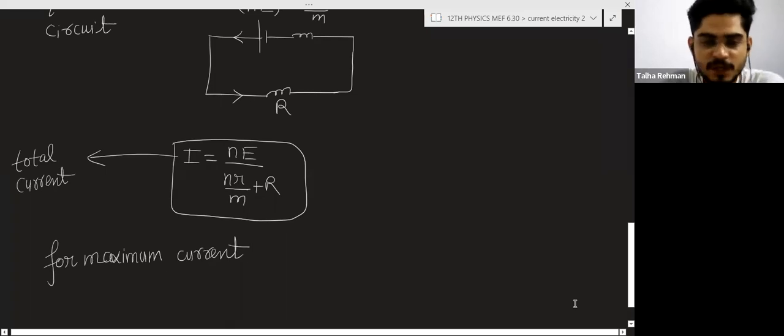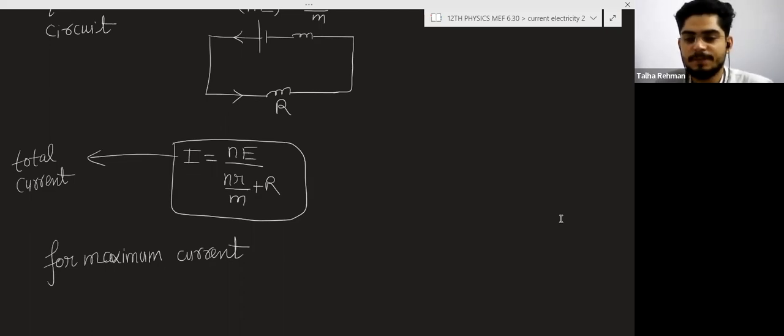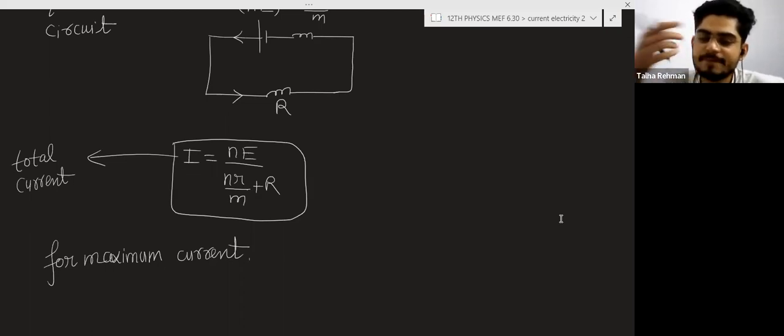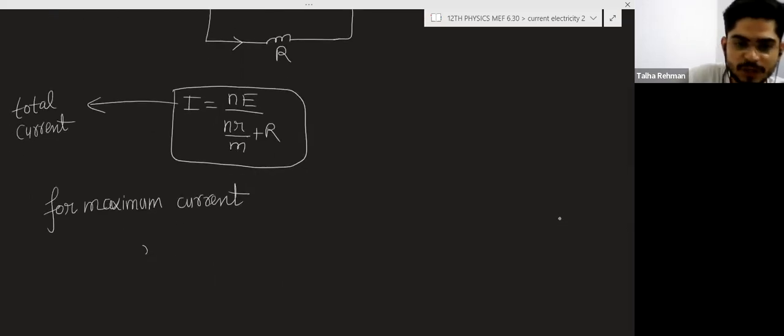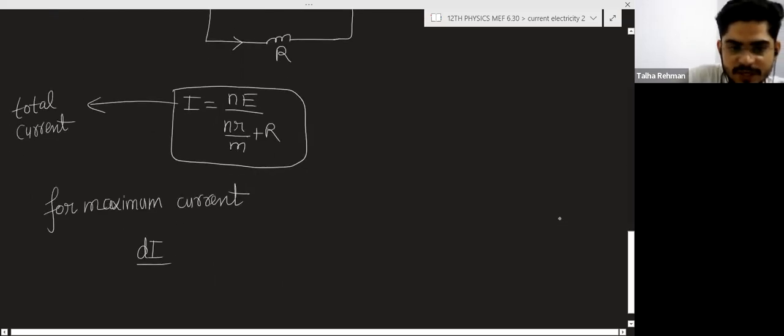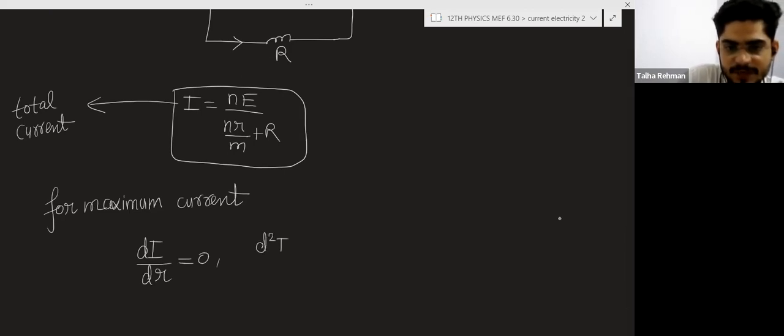If we want to find the maximum value of a quantity, we use maxima and minima. It is nothing but differentiating the function with respect to some quantity and equating it to zero. So we will differentiate the current with respect to internal resistance and put it equal to 0, and then differentiate a second time.